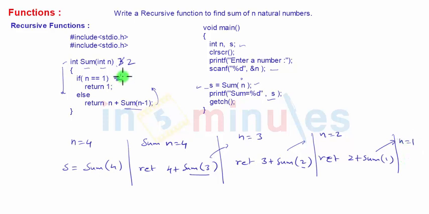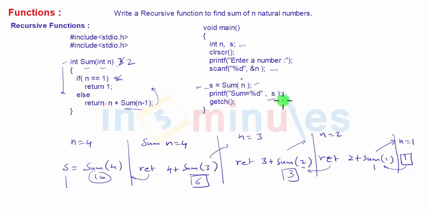This time if is true, so return 1 will work, and that 1 will be given back to the previous function. So 2 plus 1 will be returned back from here to this, so this will be 3. Now this will return 3 plus 3 back to this as 6. Then this will return 4 plus 6 back to this as 10, which will be received in main as value 10, which is the sum of 1 plus 2 plus 3 plus 4.